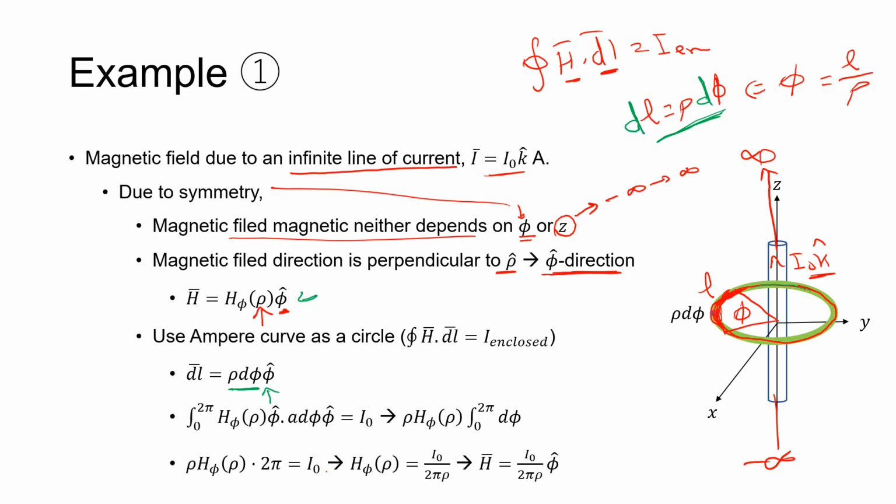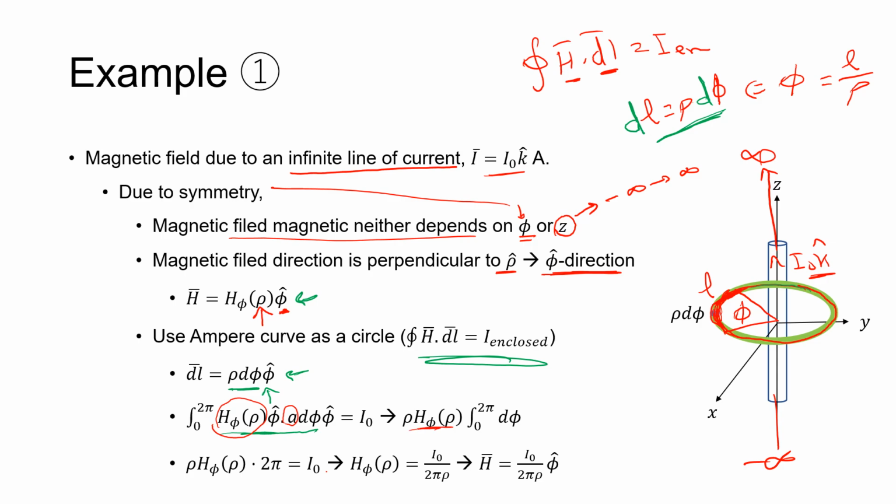We will substitute with this quantity and this quantity in Ampere's law. The phi unit vector dotted with phi results in 1. Rho and H are constants since we are integrating over phi, so they come out of the integral.